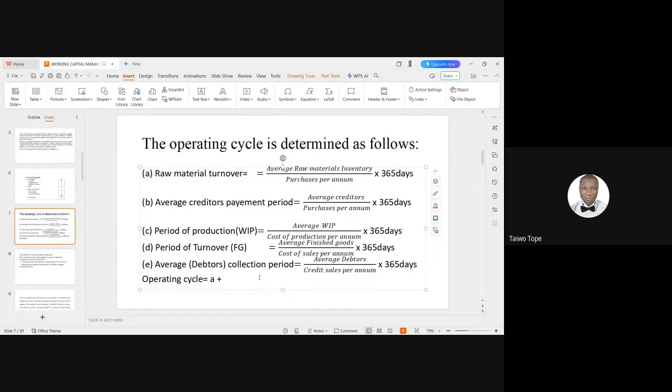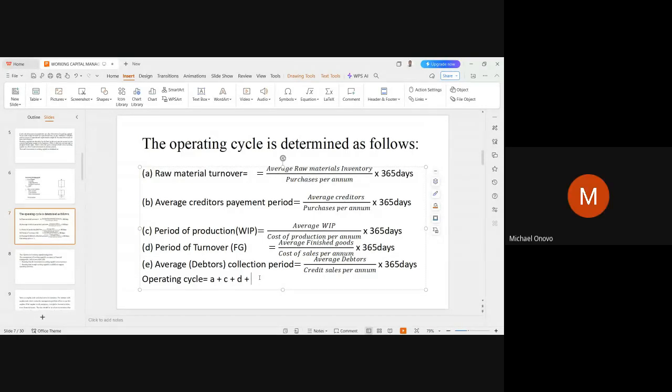C, period of production, work in progress, is an item of what? Current assets. Plus period of turnover, finished goods, is an item of what? Current assets. Average debtors collection period is an item of what?